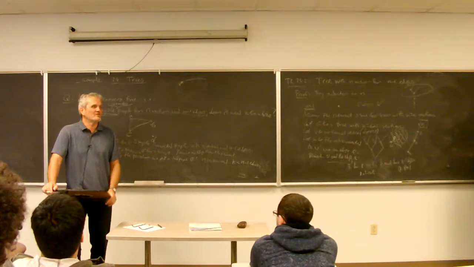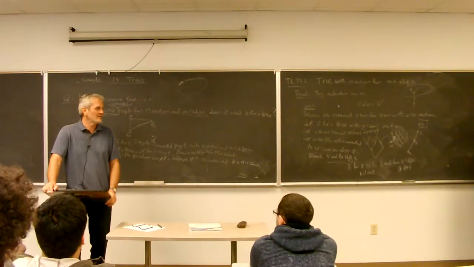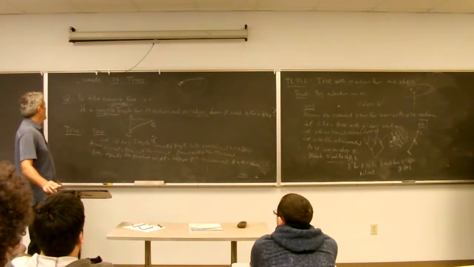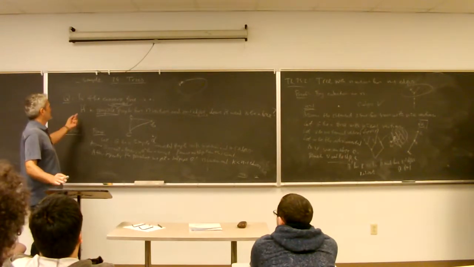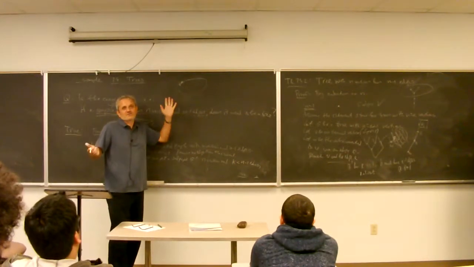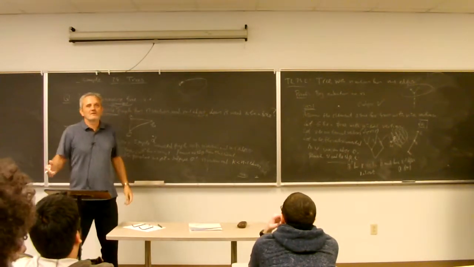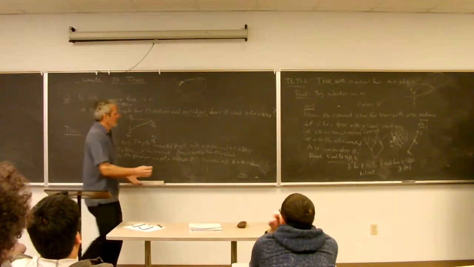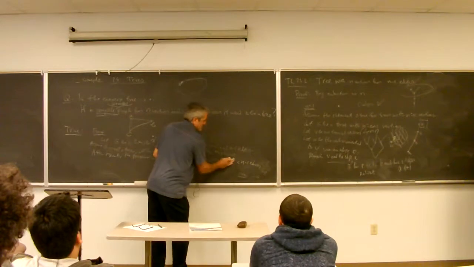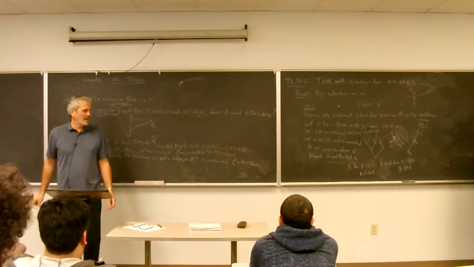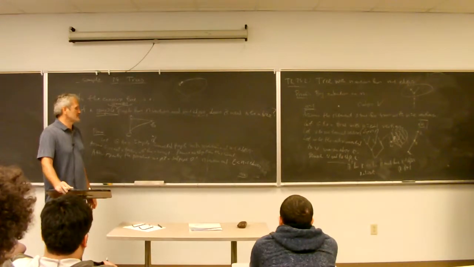So can I get more edges or less edges after cutting? No, it says if a simple graph has n vertices and n minus 1 edges, so that's an initial assumption. So if I keep cutting, or maybe you don't want this k because of induction, let's say L, L less than n minus 1 edges.